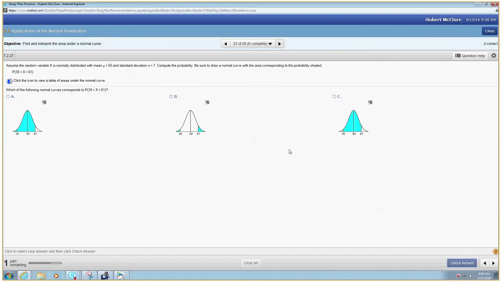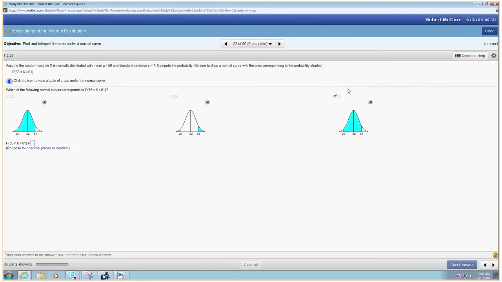The picture's gonna look like this, of course, those between. And we need to change 35 into a z-score and 61 into a z-score.